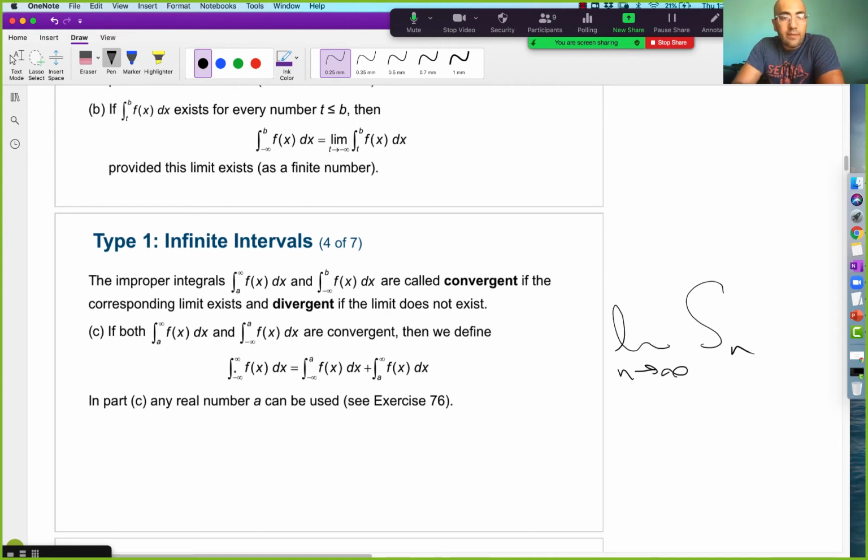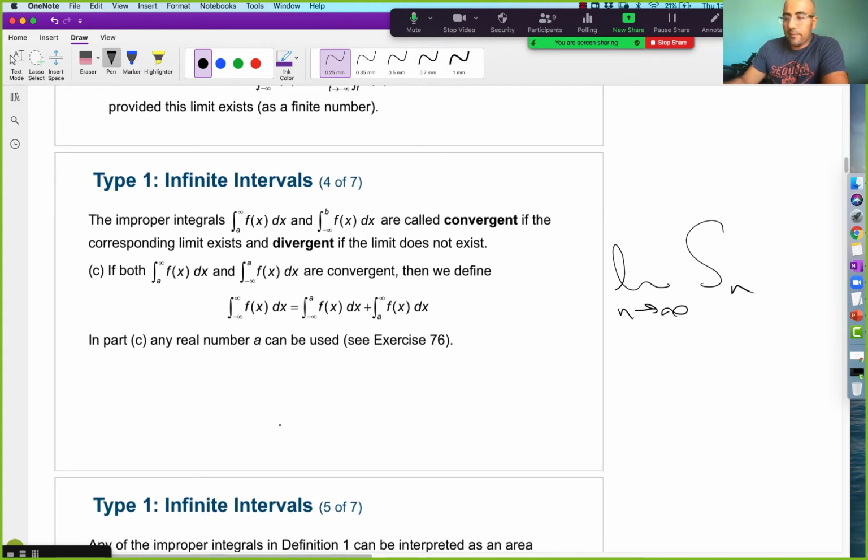So we're breaking it up into two pieces, and we figure out what each integral is by applying a limit. Then if both of them exist and equal some constant value, we can just add them together, and that'll be the result. Does that make sense?